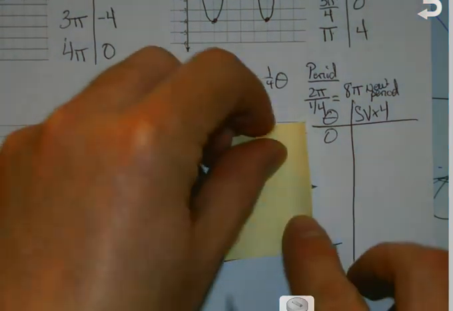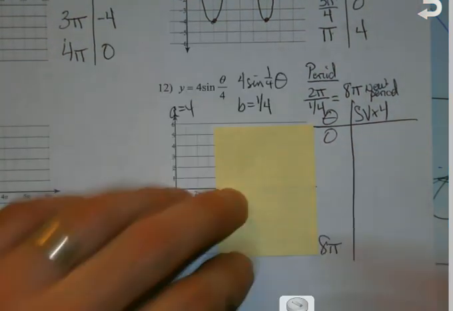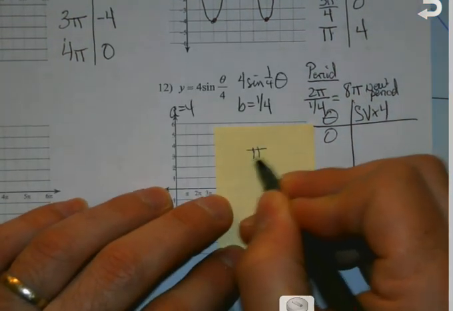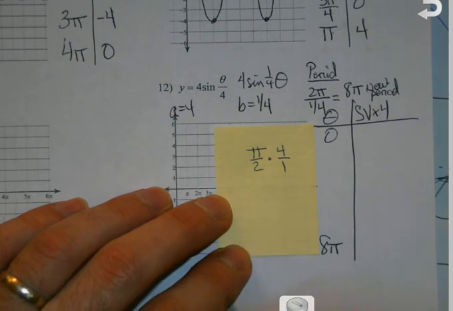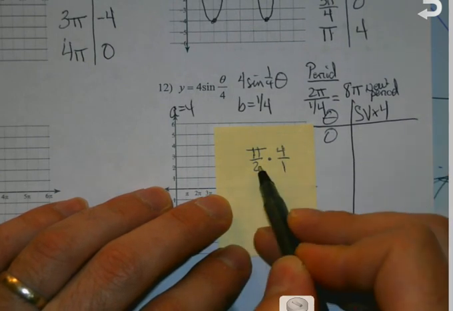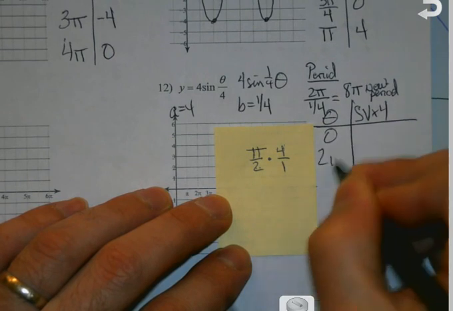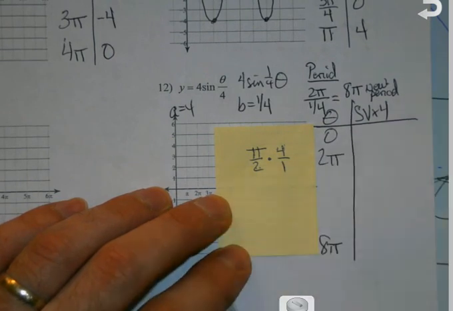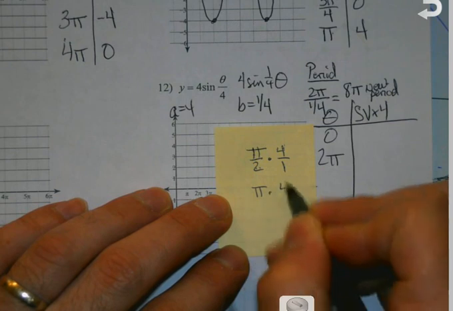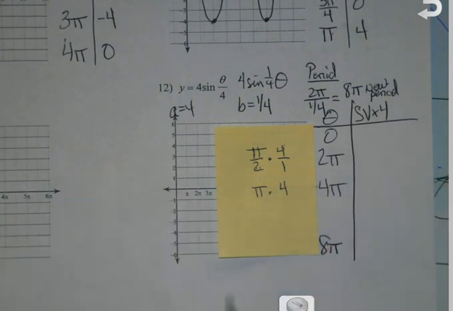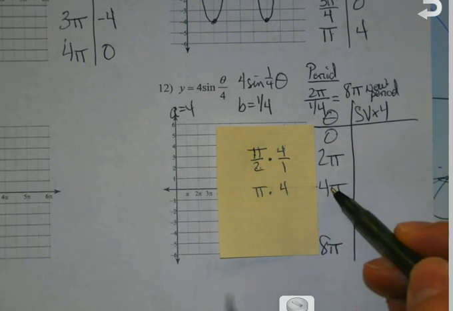If I need to do a little side work, and there's nothing wrong with that, I can use my piece of scratch paper so I can keep this neat. It starts at pi over 2, but I'm going to multiply it by 4. 4 pi over 2. 4 divided by 2 is 2. Then I move to the next one. Pi times 4, well, that's 4 pi. Now again, let's look at the pattern. 0, 2, 4.